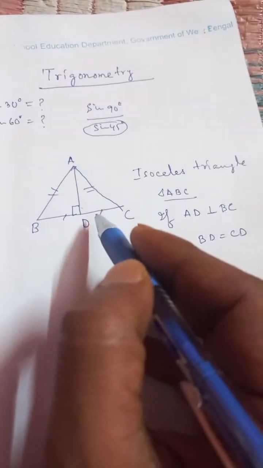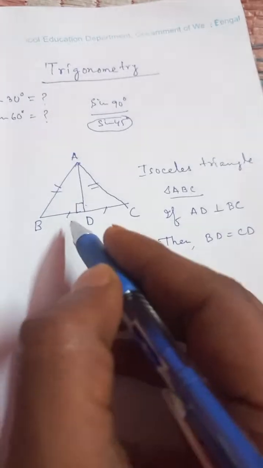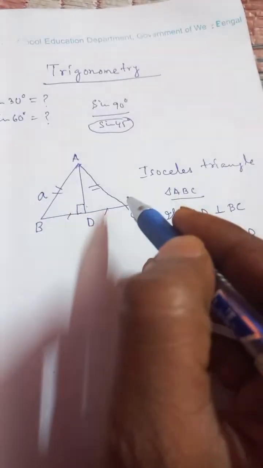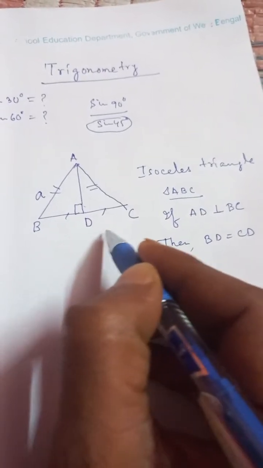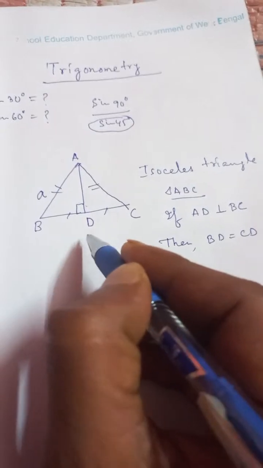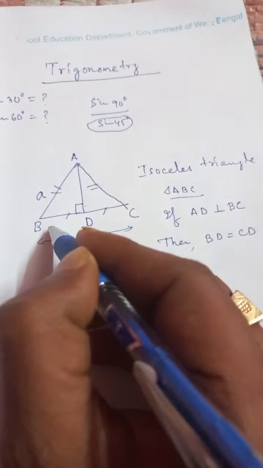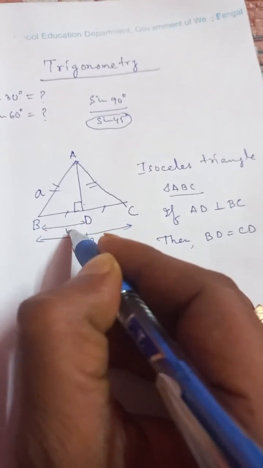Here, if we take the two equal sides as A and the other side as B, then this must be B by 2.